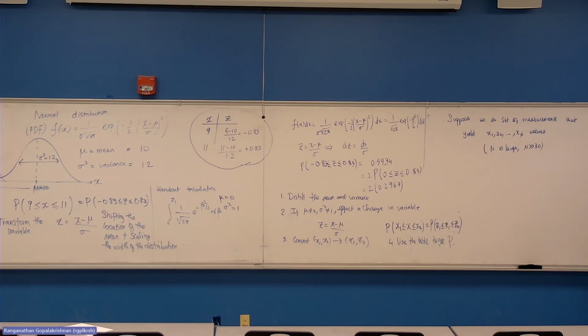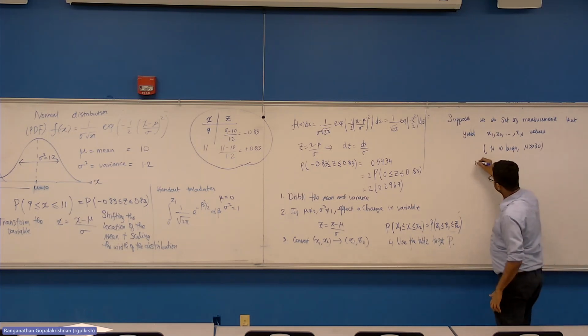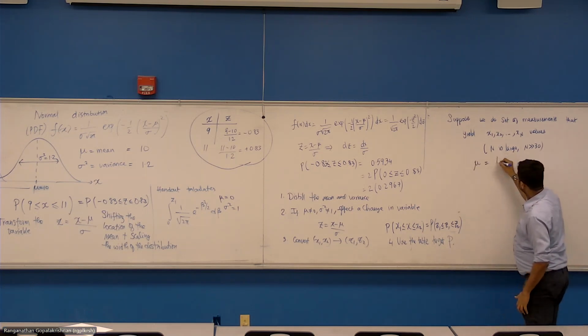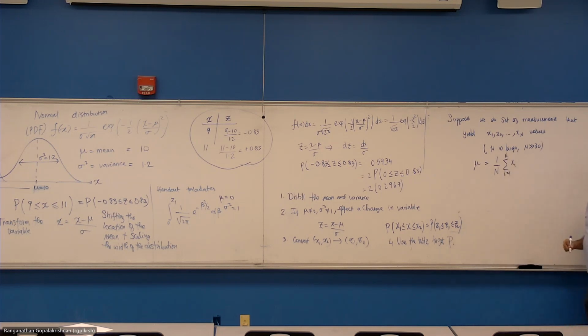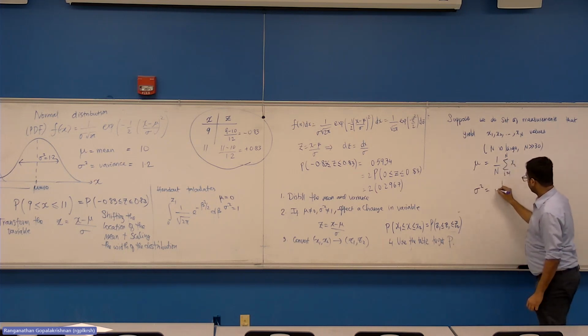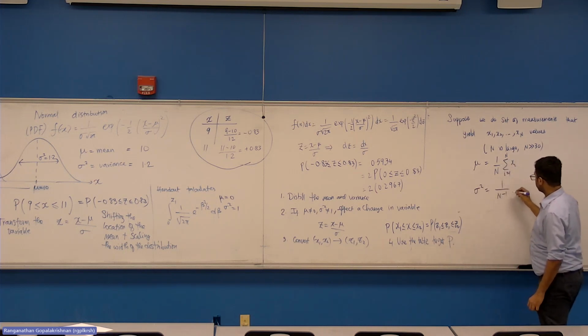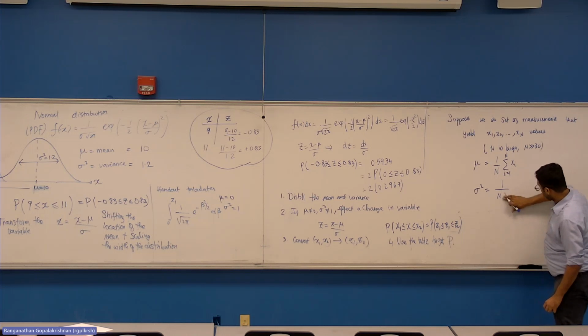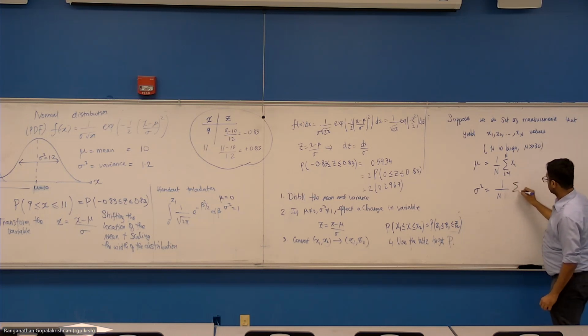Okay. So you get an average or a mean, and you get a variance sigma squared, which is 1 over n minus 1, actually 1 over n, the sum from i equals 1 to n of xi minus mu, whole squared.